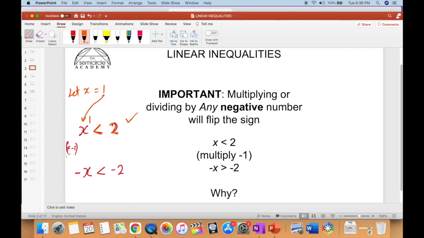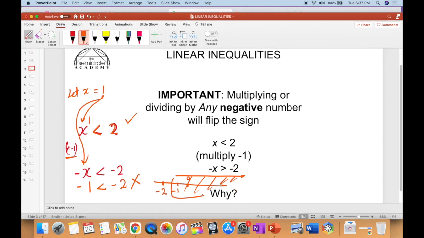But I multiply both sides by -1 now, and I put the 1 in there, and look what I get. I get -1 is less than -2. And this is not true. If we look on a number line, this is 0, this is -1, this is -2. So we can see -1 is actually greater than -2.